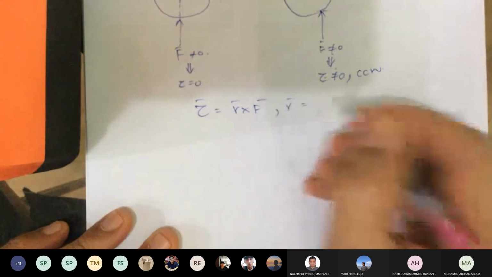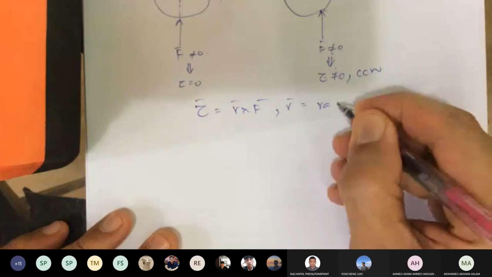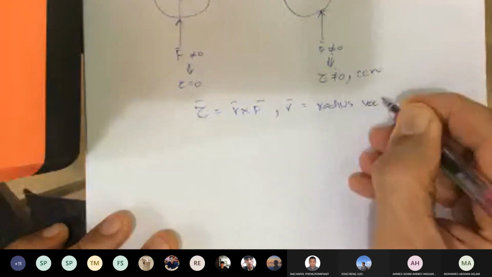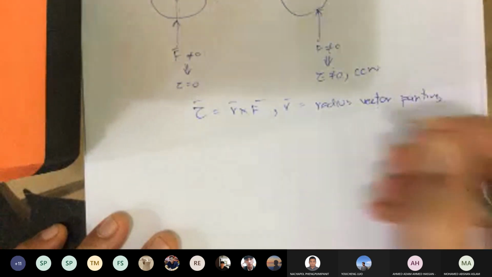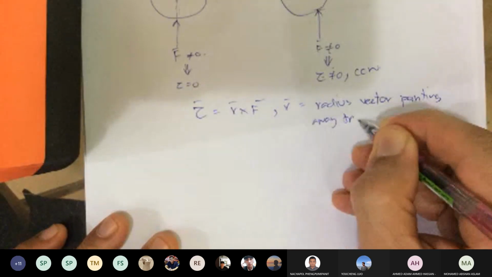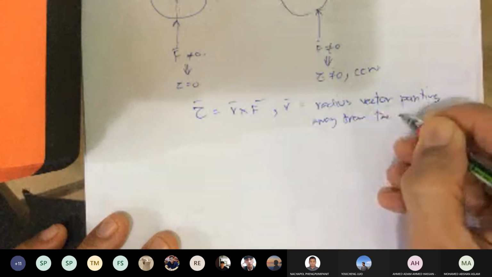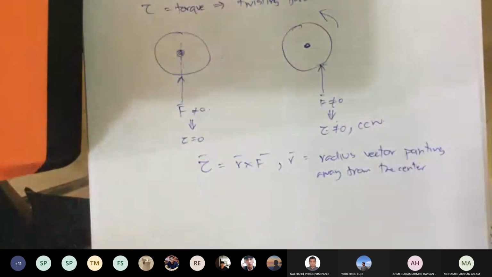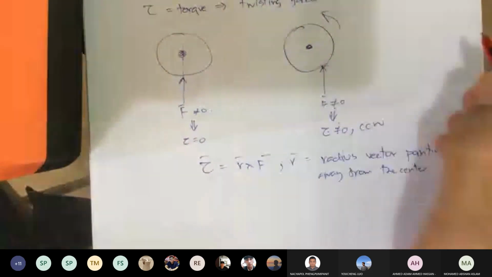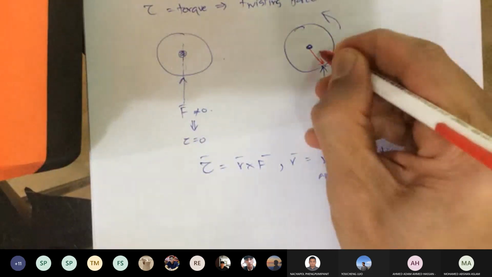Vector R is a radius vector pointing away from the center. In this picture, this is your vector R, and this is also your vector R. It points away from the center towards the point of action where the force is acting.